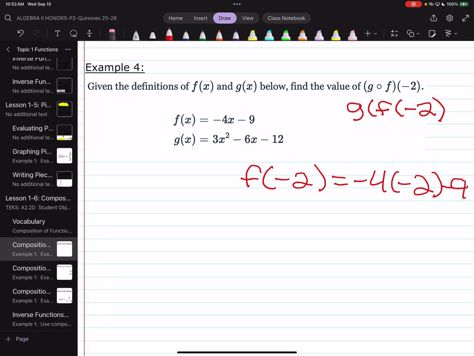And negative 4 times negative 2 is 8 and minus 9. And 8 minus 9 is negative 1. So f of negative 2 equals negative 1. And then g of negative 1.